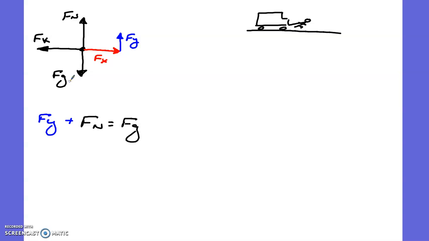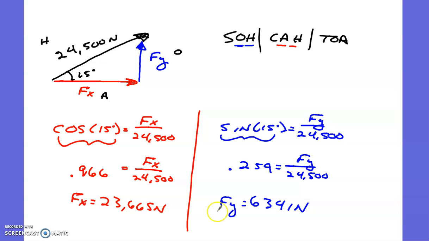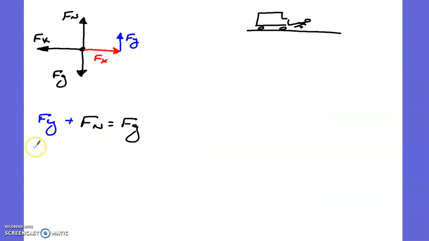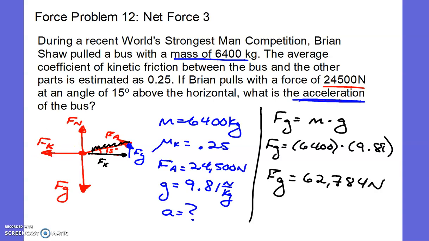And so what we get here is we just solve for the normal force. The y component we said was 6,341. We don't know the normal force. We did solve for the gravitational force.